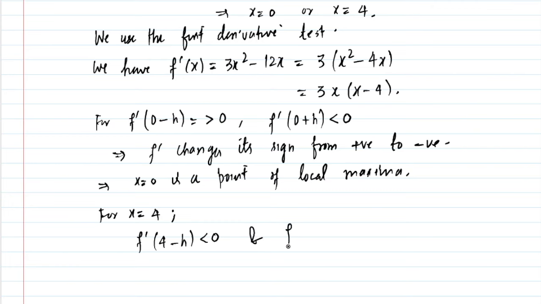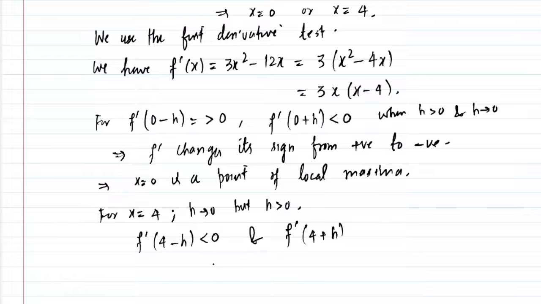And similarly f dash of 4 plus h, where we must mention that h is greater than 0 but very small, and h tends to 0. Then in f dash of x we have to substitute x as a quantity slightly bigger than 4.